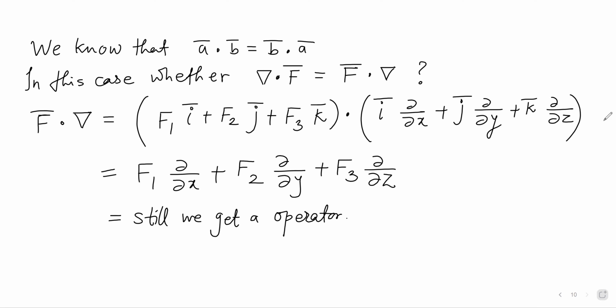So that means del dot f bar is not equal to f bar dot del. Okay, so please remember this. Even if the dot product of two vectors is commutative, if one of them is a del operator, then in that case, it never commutes.